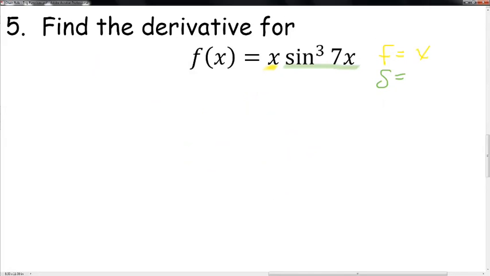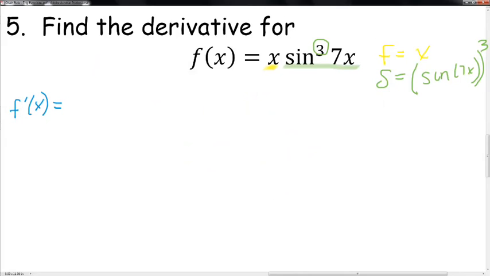Again, I have that little third, so that means I have sine of 7x times sine of 7x times sine of 7x. I have that 3 times. And so instead I could write this as sine of 7x raised to the third. That's my second function.